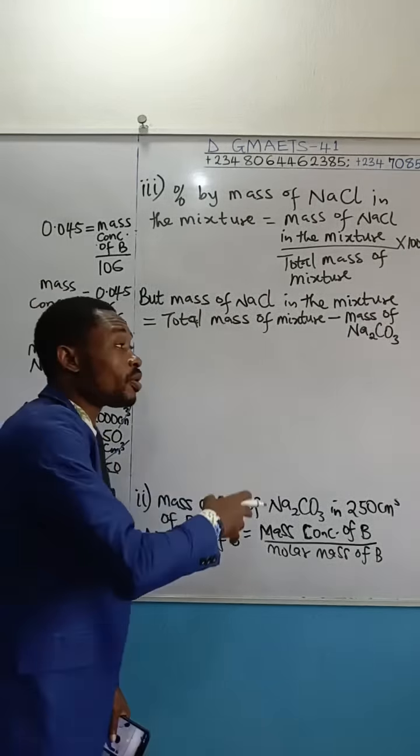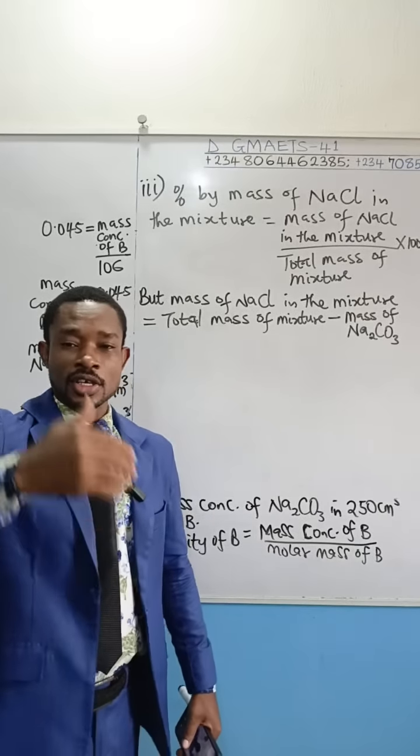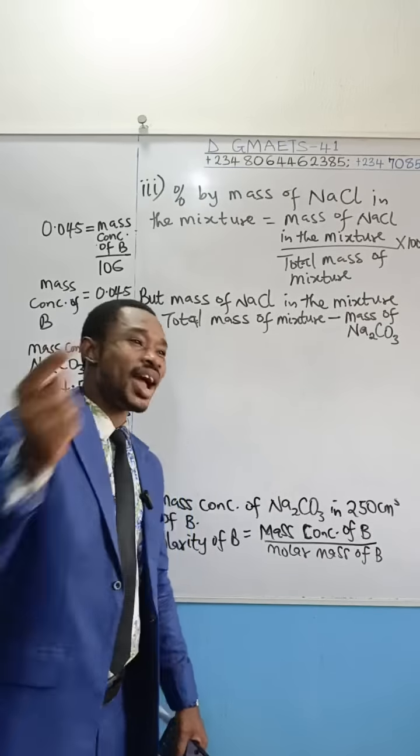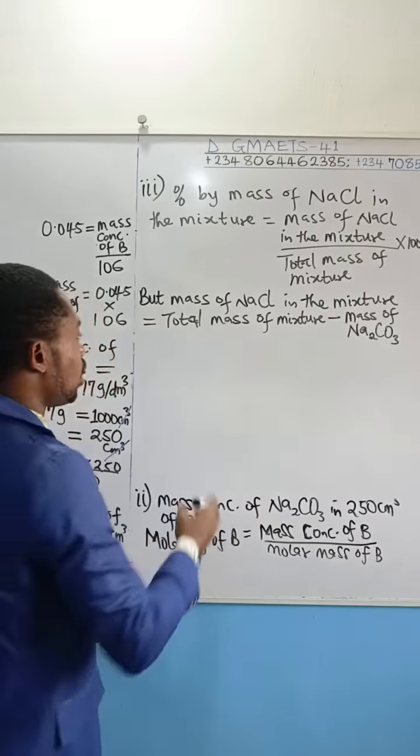Mass of sodium chloride plus mass of sodium carbonate is equal to the total mass of the mixture. Therefore, mass of any one of those two substances is going to be equal to total mass minus mass of the other one.